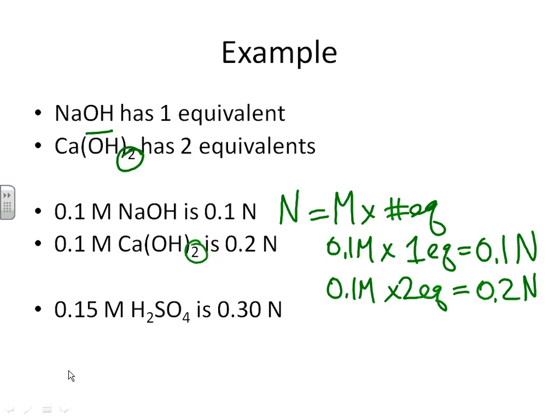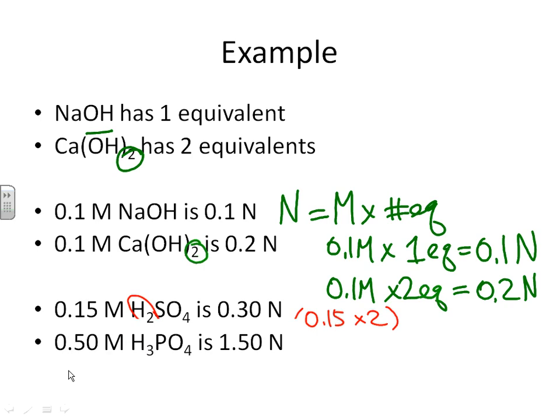Just so we are feeling comfortable with this concept, a 0.15 molar sulfuric acid solution would be 0.3 normal. 0.15 times 2 equivalents coming from the 2 protonizable protons in H2SO4. And a 0.5 molar phosphoric acid solution is 1.5 normal.